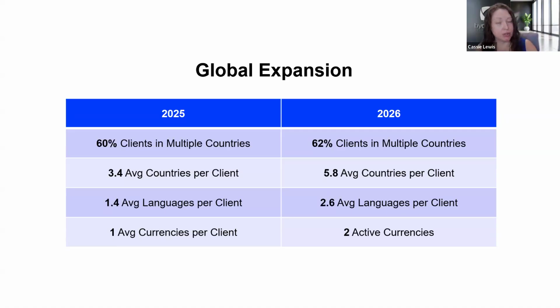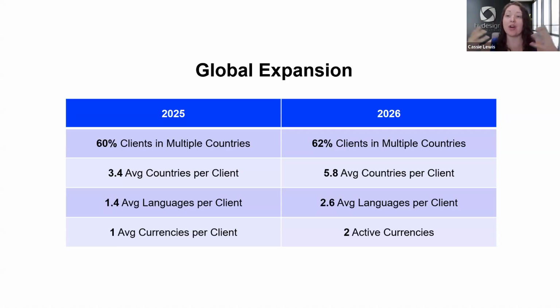This year, it's 62 and 38. 2% might not seem like a big shift, but in just 12 months, that is a substantial shift. More telling is that the average number of countries by client has gone from 3.4 to 5.8.